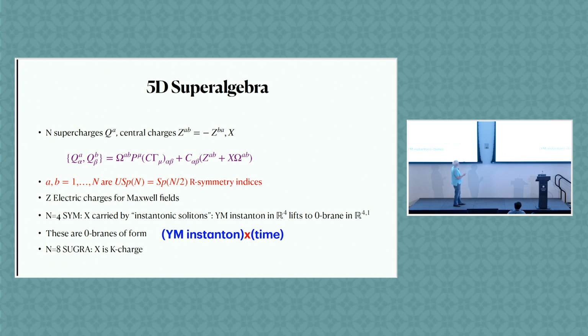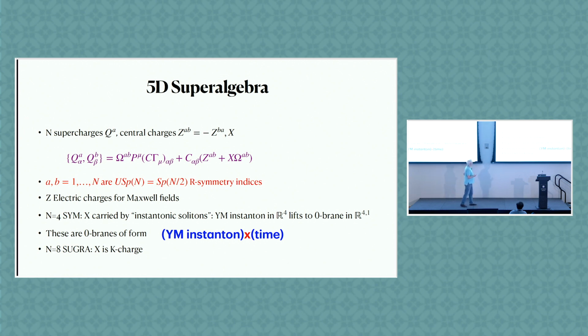The details of how the spinors work, with C as a charge conjugation matrix, are not important here. The important thing is that the BPS states can carry either these charges or this charge X. And these Zs are electric charges for the Maxwell fields.